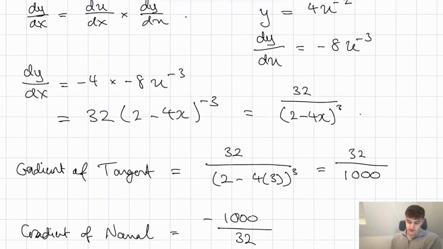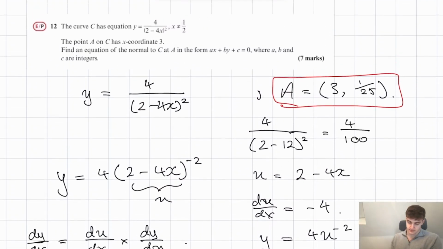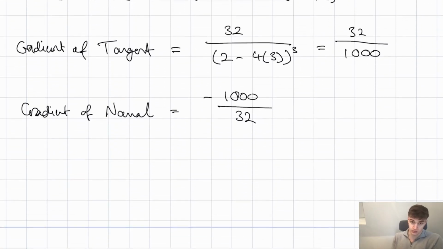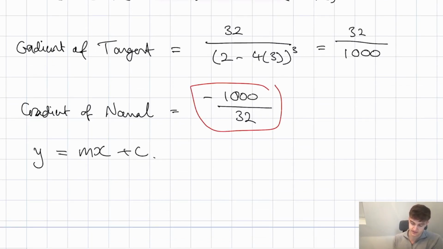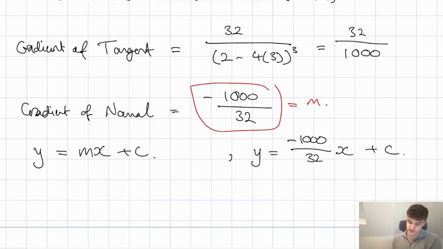Okay, so we have the gradient of the normal, so that means we can say that the normal is the equation of a straight line. y is mx plus c, and this here is the gradient, so this is the m. So we're going to have y is equal to negative 1,000 over 32 lots of x plus c.